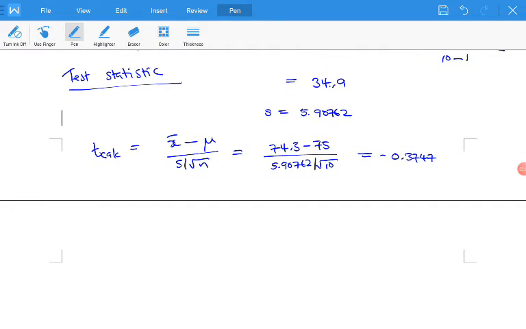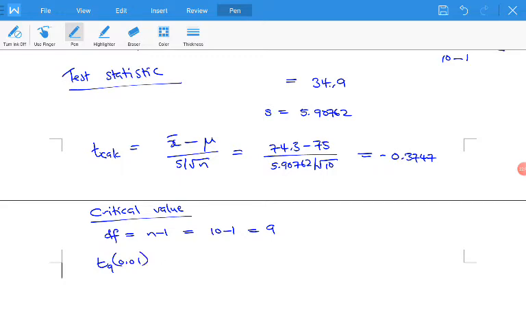So we now want to determine the critical value. The first thing is to calculate the degrees of freedom. df is equal to n minus 1, which is equal to 10 minus 1, which is equal to 9. So the critical value is t at 9 at 0.01.